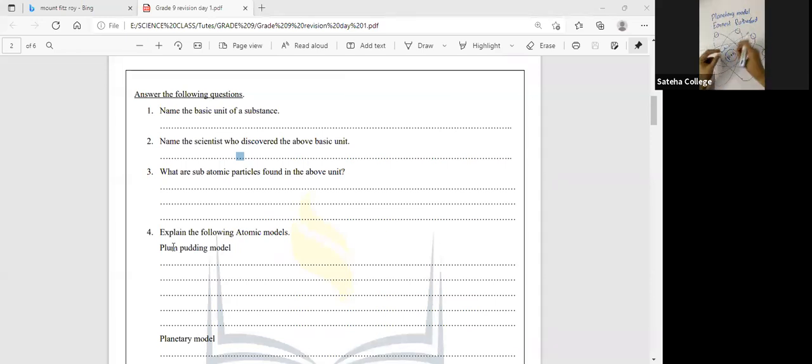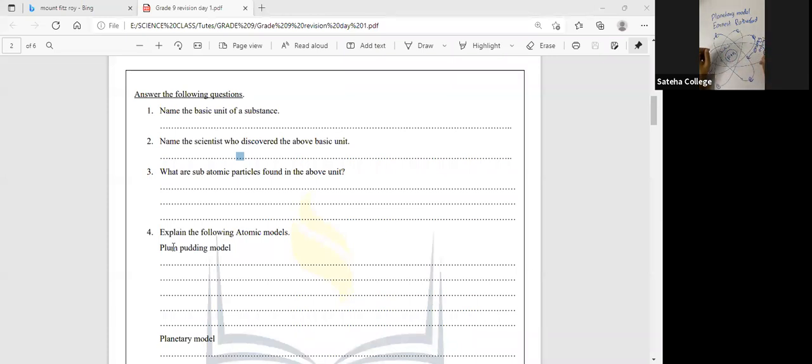And then he said, like the planets, the electrons are revolving around the nucleus in energy orbitals. This he named the energy orbital. And he told the electrons are revolving.